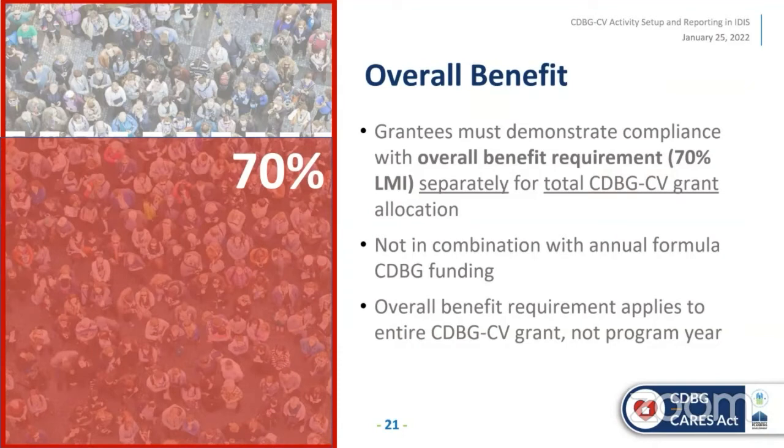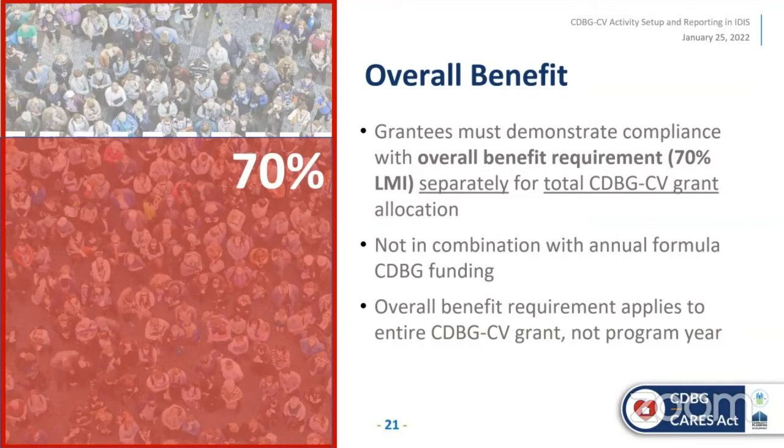Something also important to note is that a lot of grantees, I know, especially when COVID was early, when we talked about using urgent need, sometimes we'd use urgent need for quite a few activities. It was easier for sometimes the paperwork or getting activities qualified.